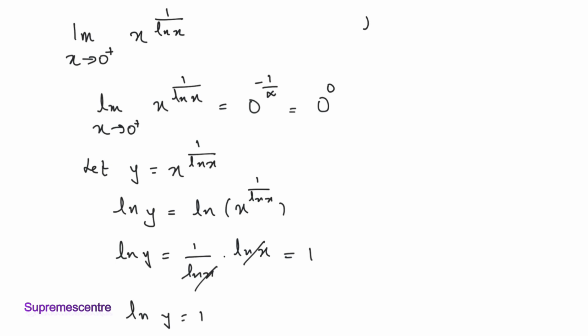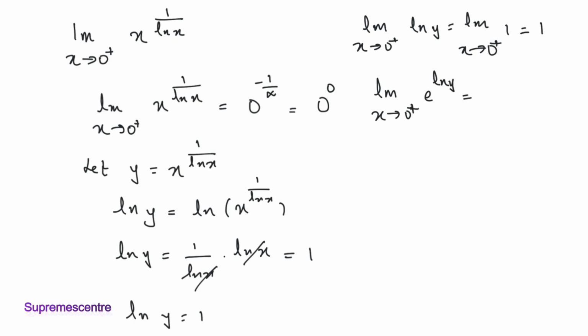So now we have limit x tends to 0 plus ln y is equal to limit x tends to 0 plus 1. I am taking limit on both sides. So limit of x tends to 0 plus of 1 is, we know the answer is 1. Now I am taking antilog on both sides. So I get limit e power ln y is equal to limit x tends to 0 plus e power 1.